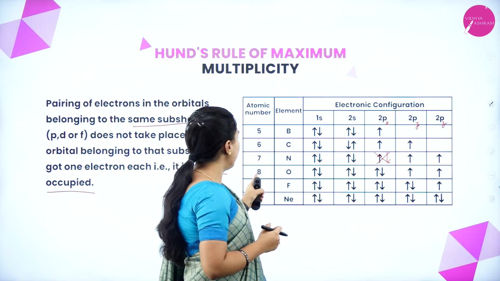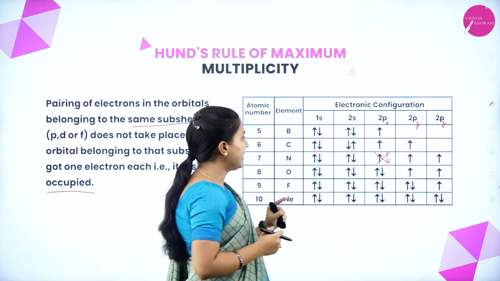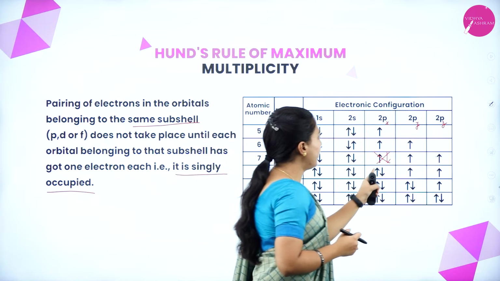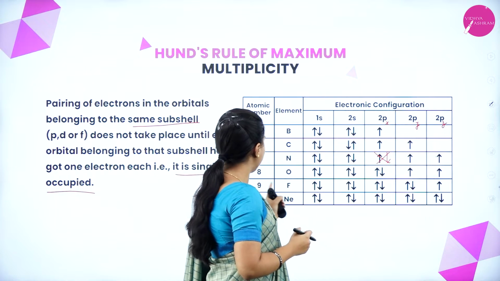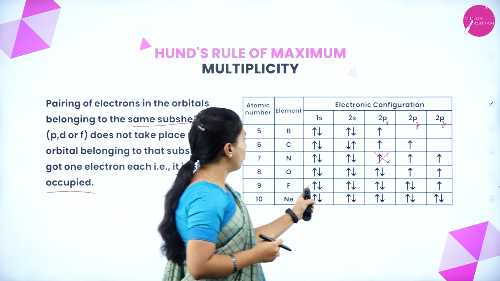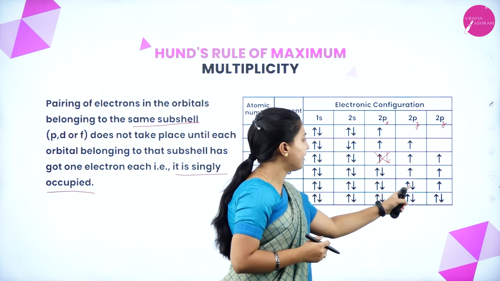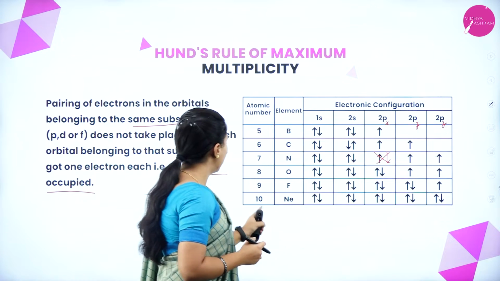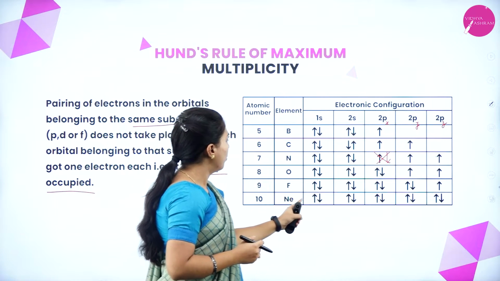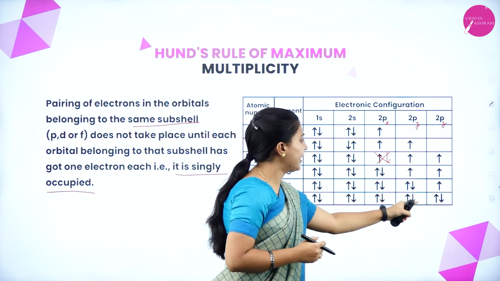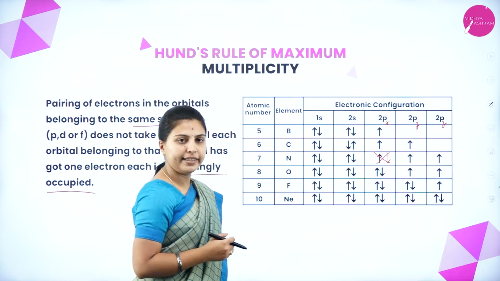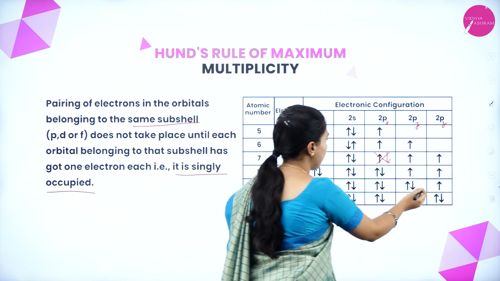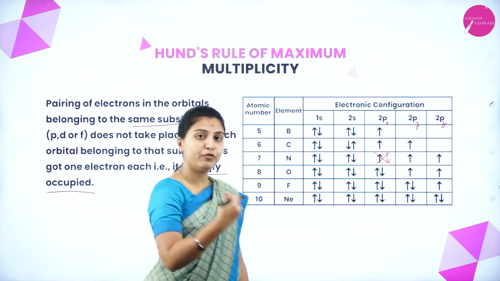See here, in oxygen, 8: 1, 2, 3, 4, 5, 6, 7, 8. Then in fluorine, 9. Neon, 10. Like that, after all, it comes to add up in the previous levels.